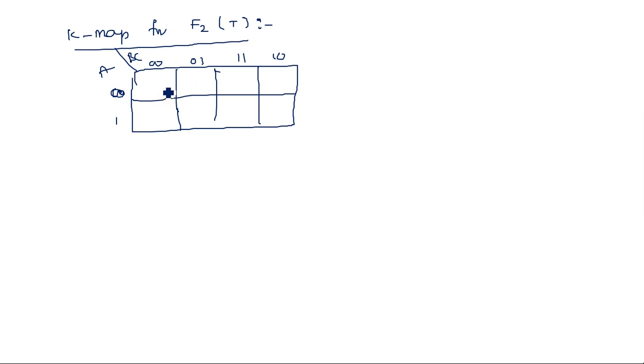Now, here we have this one, these two, and this one. So we can map these two, this one, and this one. So F2 true form is equal to A bar B bar C bar plus AB plus AC.